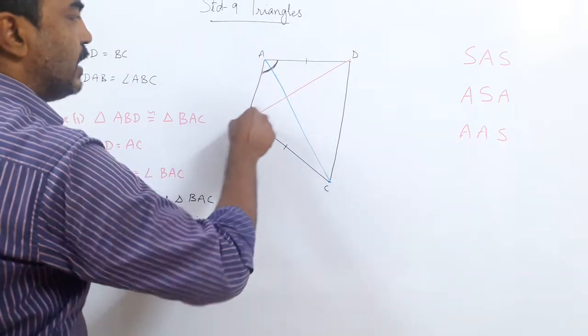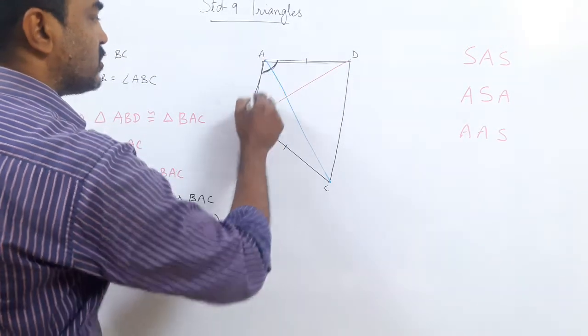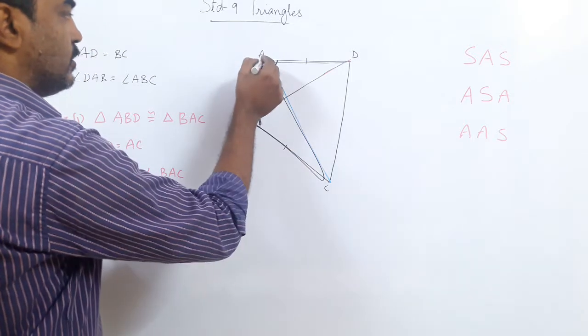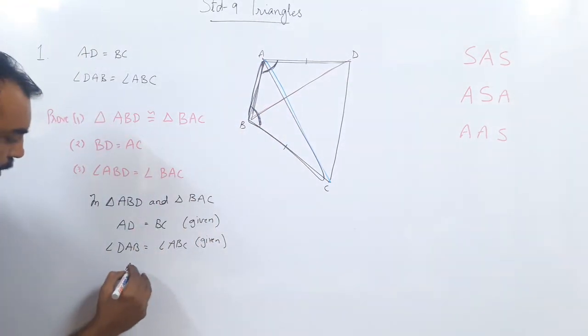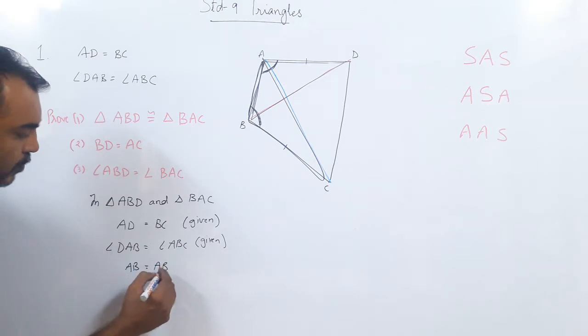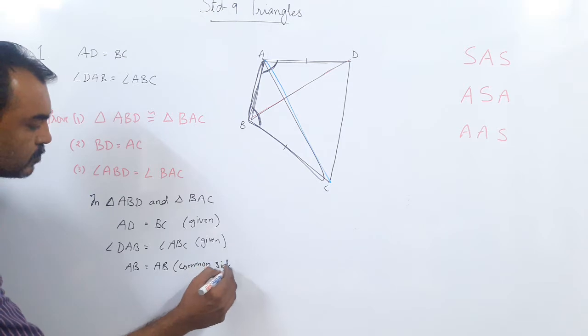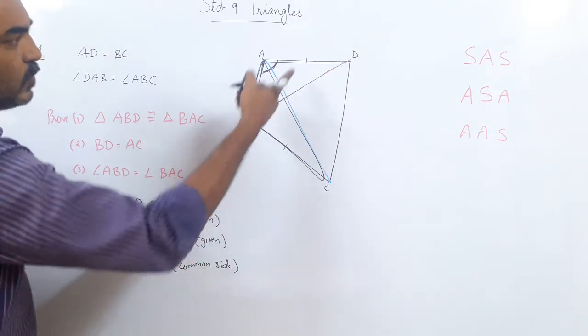In triangle DAB, this triangle, and this triangle, this side is common to the top triangle also, bottom also. AB equal to AB. That is the common side. So what have I got? Side, this side and this side is equal.